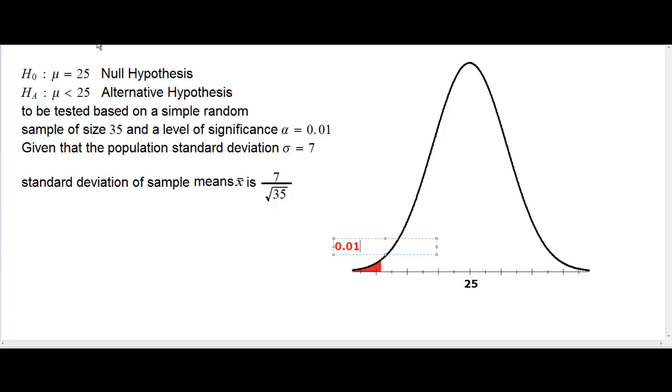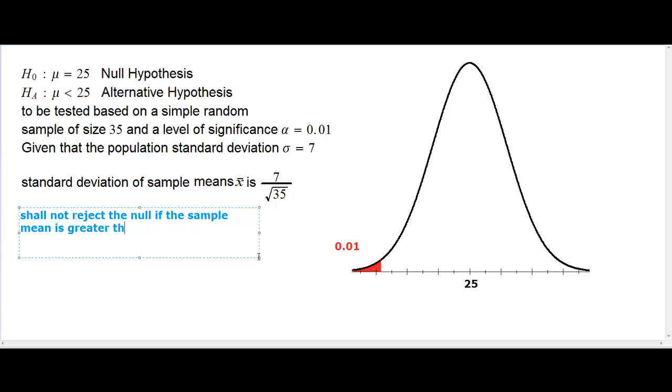So, along the earlier lines, we shall not reject the null if the sample mean is greater than, in this case, the first percentile, right?